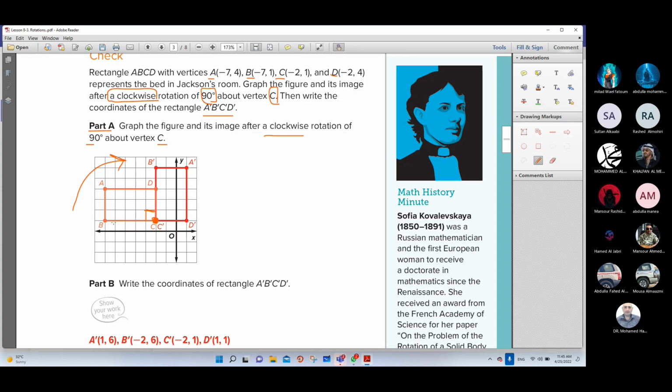So this side, when you do rotation, will be here. You can do the same idea for AD, you will get A prime D prime, and for BA, you will get B prime A prime, and for DC, you will get D prime C prime.